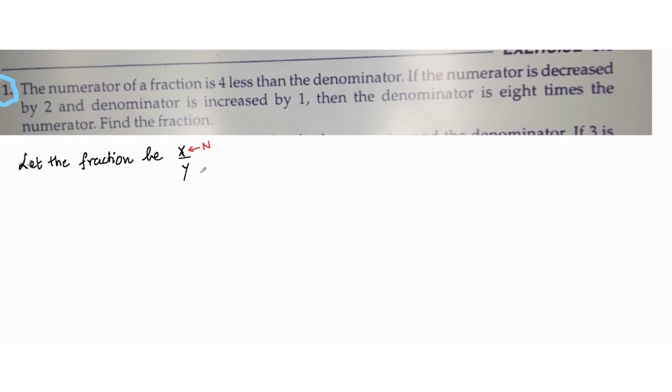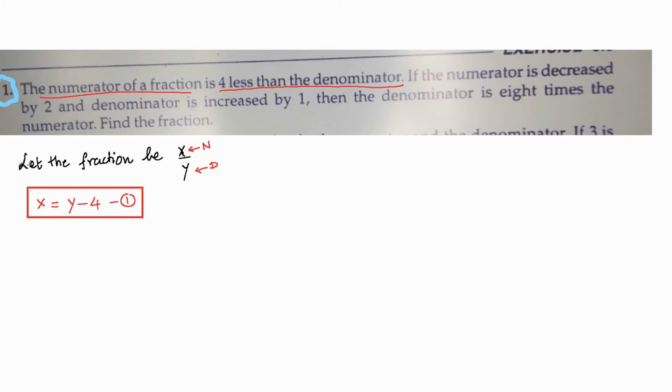So this is the numerator and this is the denominator. It is given that the numerator is 4 less than the denominator. That means x equals y minus 4. This is my first equation, correct?